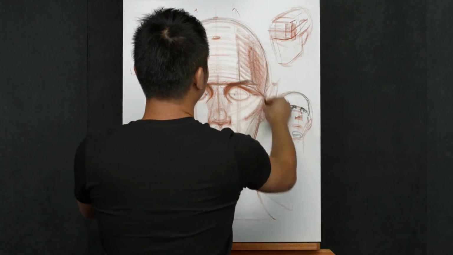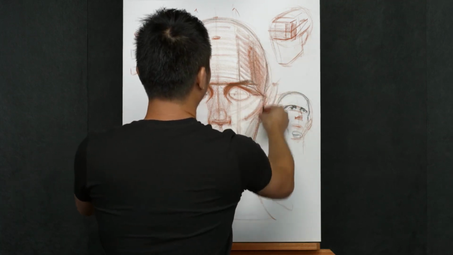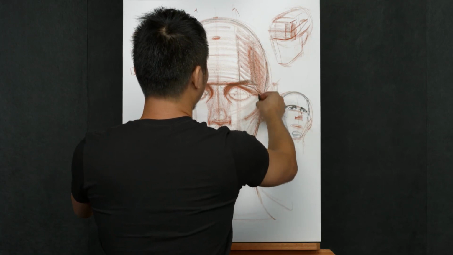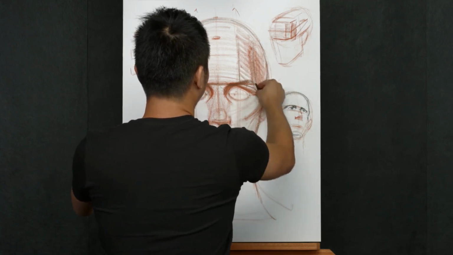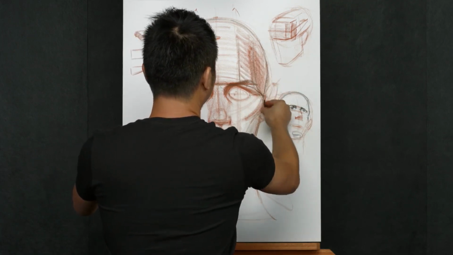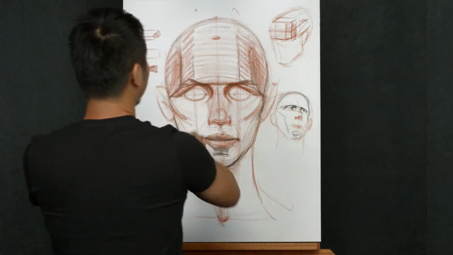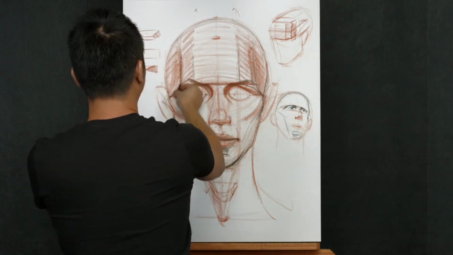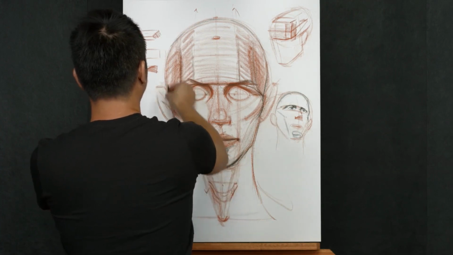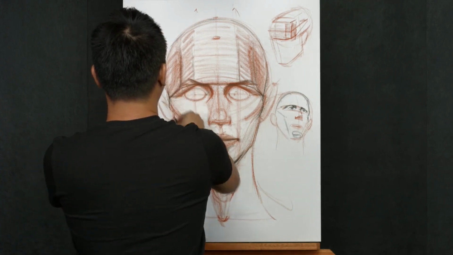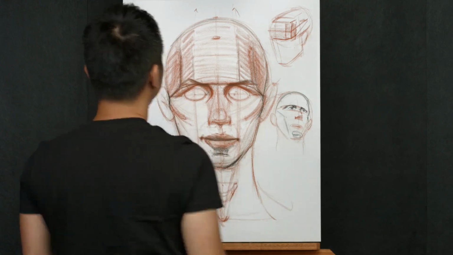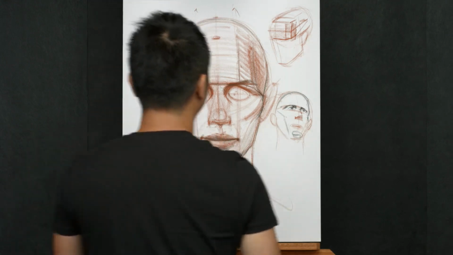You can swing the temple line down like this, and it kicks out about right there. Temple line, kicks out about right there.